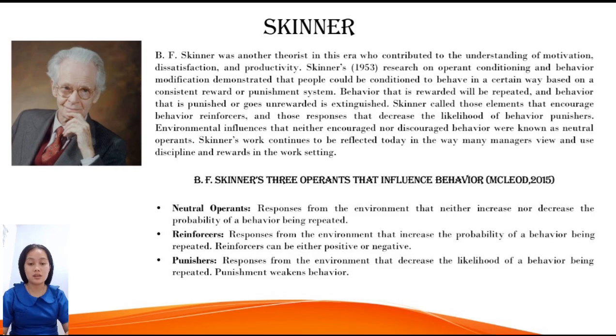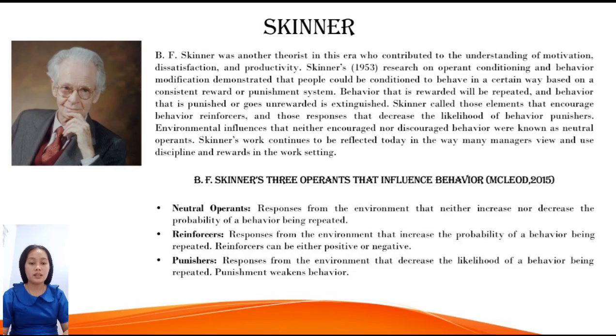Skinner was another theorist in this era who contributed to the understanding of motivation, dissatisfaction, and productivity. In 1953, Skinner researched operant conditioning and behavior modification, demonstrating that people could be conditioned to behave in a certain way based on a reward or punishment system.